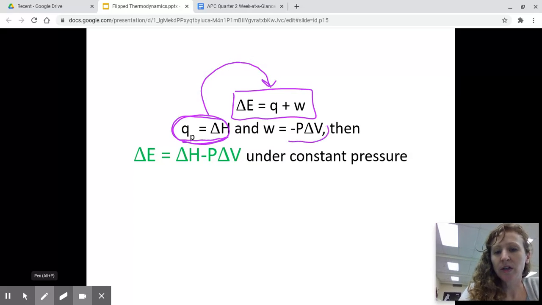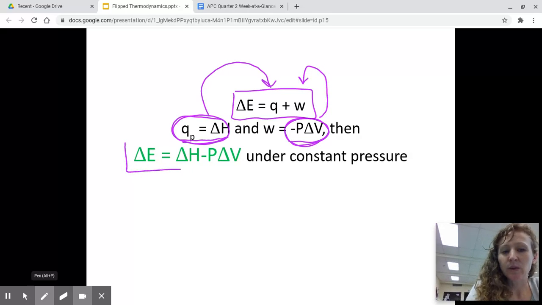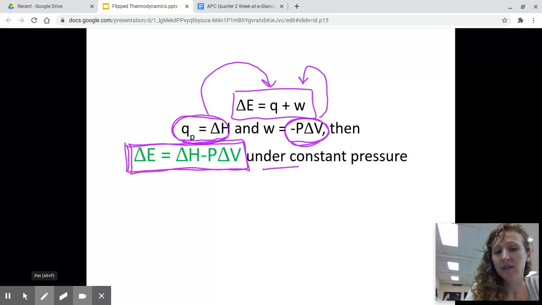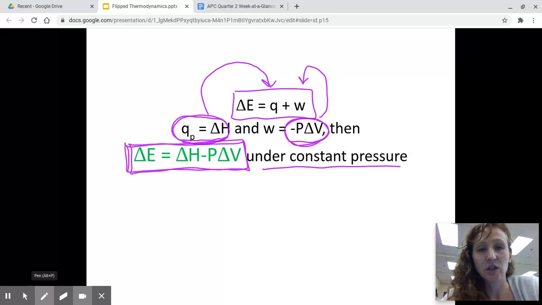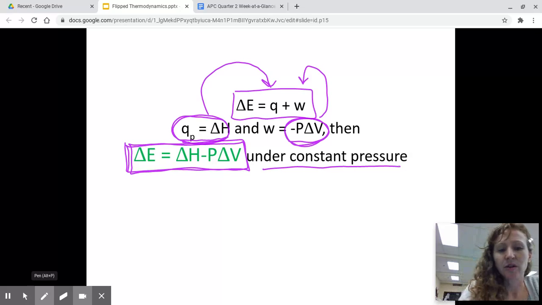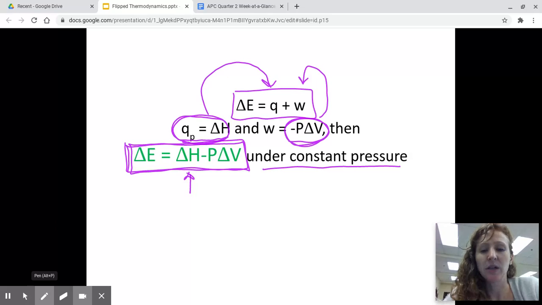And for work, we're going to plug in this equation also. And so when we do that, we get this equation right here. Again, the condition for this equation to be true is that it's only going to be true under constant pressure. In order to be dealing with enthalpy instead of heat, we have to be under constant pressure. But as long as that is true, we can deal with this formula.